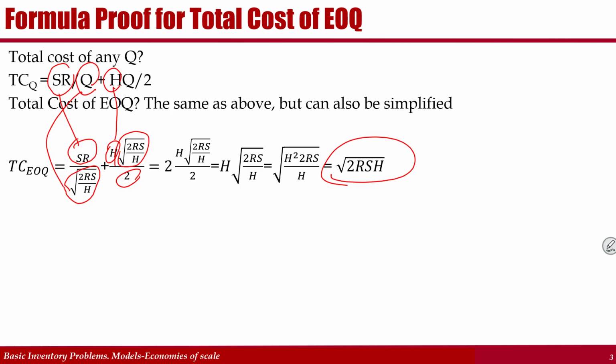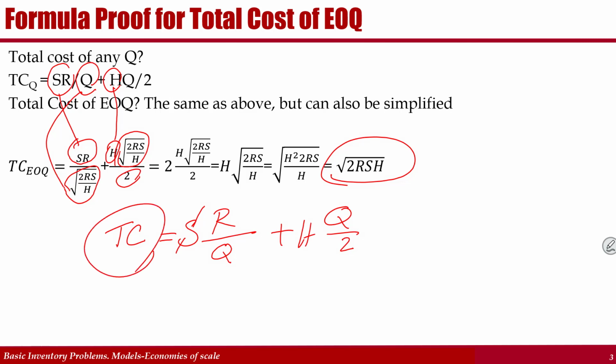So if I am ordering Q, I can say total cost of Q, and total cost of EOQ is demand divided by what I order multiplied by S plus average inventory multiplied by H. This is the general total cost formula for Q and also for EOQ.